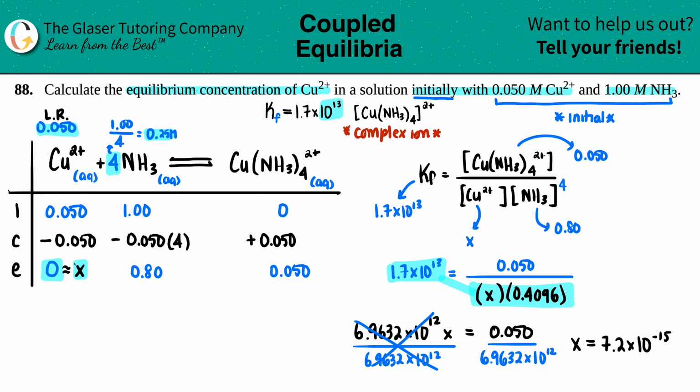That's where you assume. Now we just have to answer the question, right? Let's just go back. Let's see, who are we actually solving for? We want that equilibrium concentration of the Cu2+. And the Cu2+ was the x value. So if the Cu2+ was just x, and x was 7.2 times 10 to the negative 15th molarity, that's the end, right?